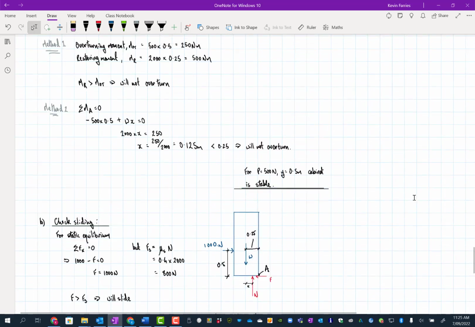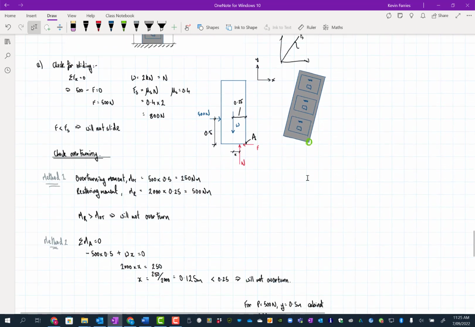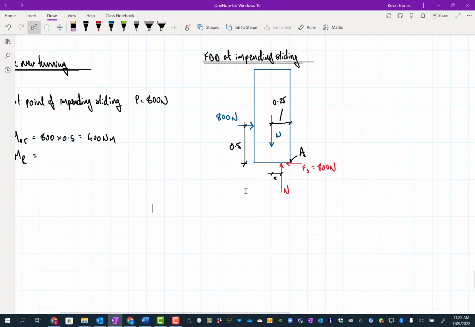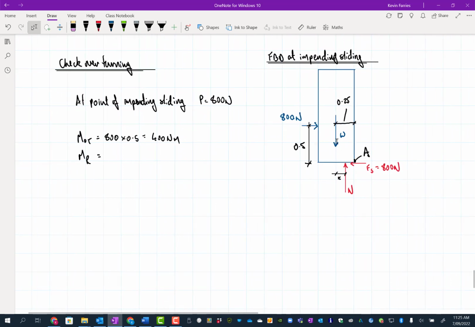Yep, so it would rotate like that. So that's going to be a point of rotation at A. The restoring moment is just from the weight, the only thing that would bring this thing back down again. And so it's going to be 2,000 times 0.25, which we've already figured out would be 500.